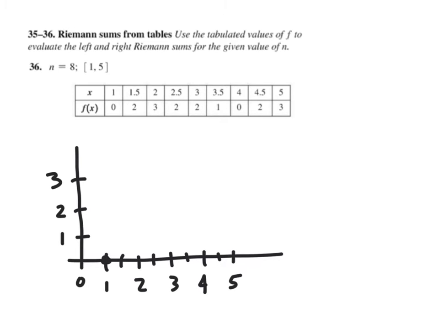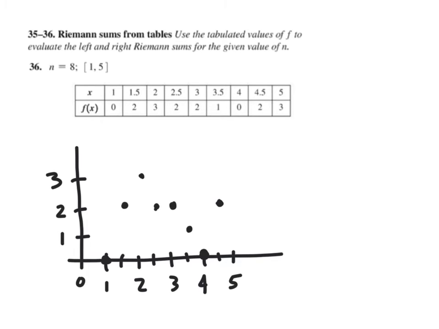I'm just going to plot my points. So 1, 0. I'm going to plot the point 1.5, 2. Then 2 and 3. And then 2.5 and 2. Then 3 and 2. 3.5 and 1. 4 and 0. 4.5 and 2.